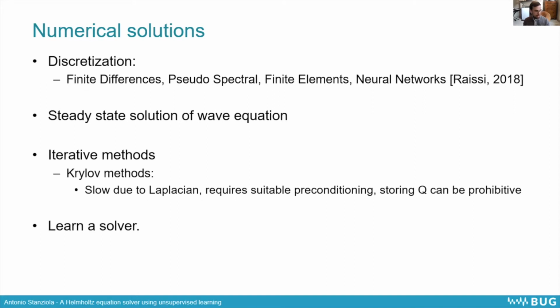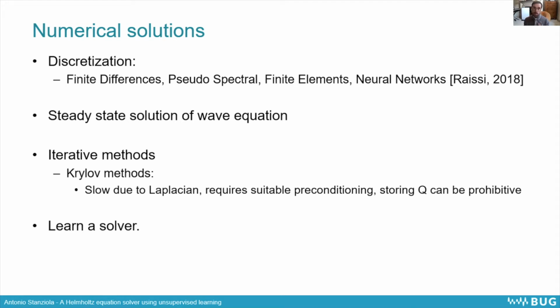And lastly, there are methods like finite elements and, let's say, the more recent physics-informed neural network. In the finite element case, you have a mesh that depends on your problem. And in the case of the physics-informed neural network, you actually have a neural network that represents your problem. The main issue with such discretization methods for what we're interested in is that they are problem dependent.